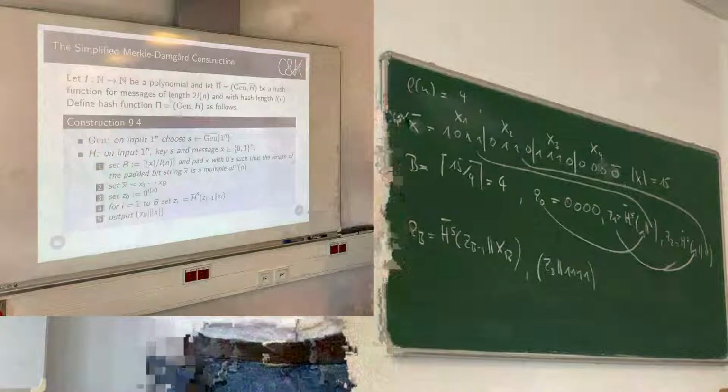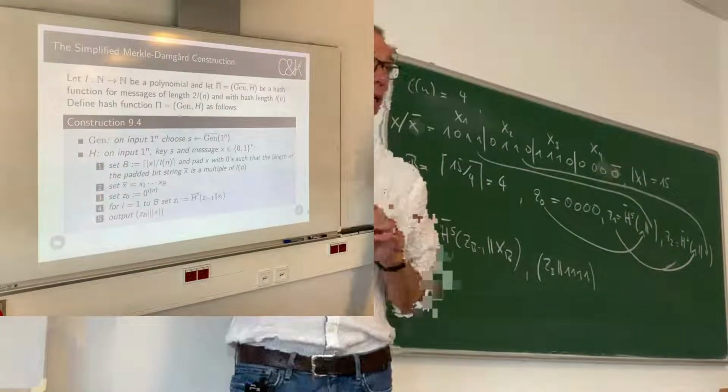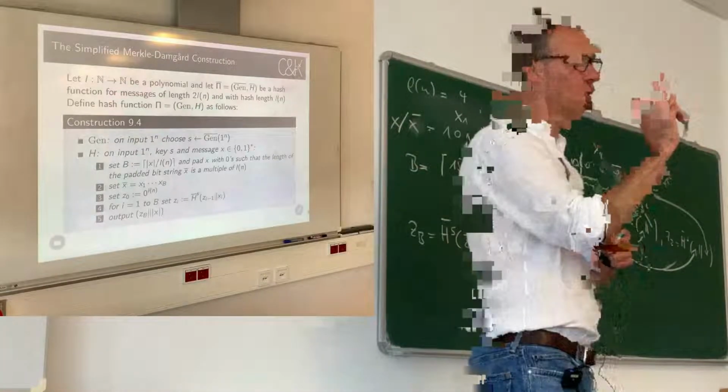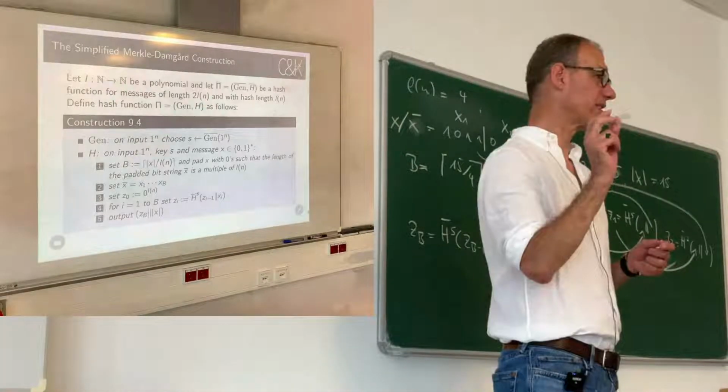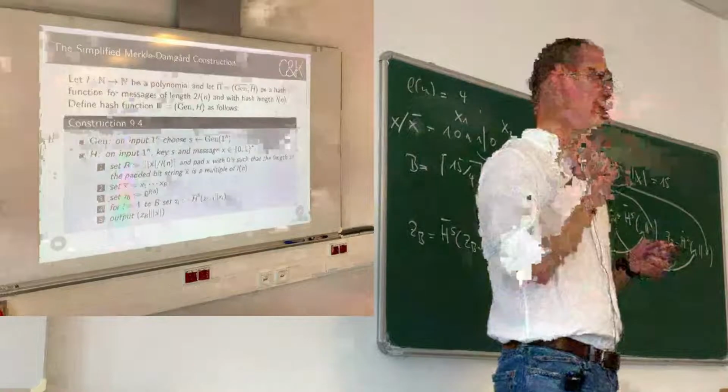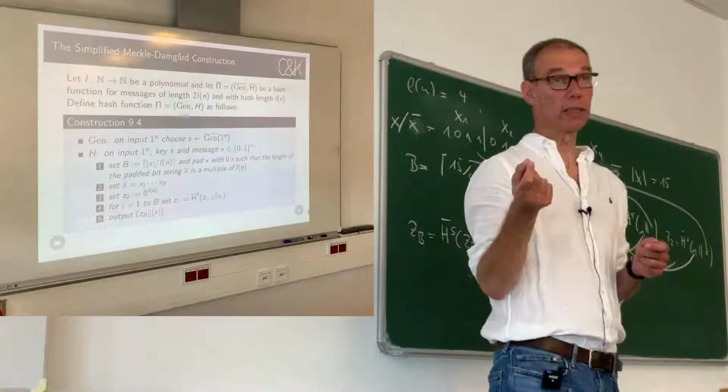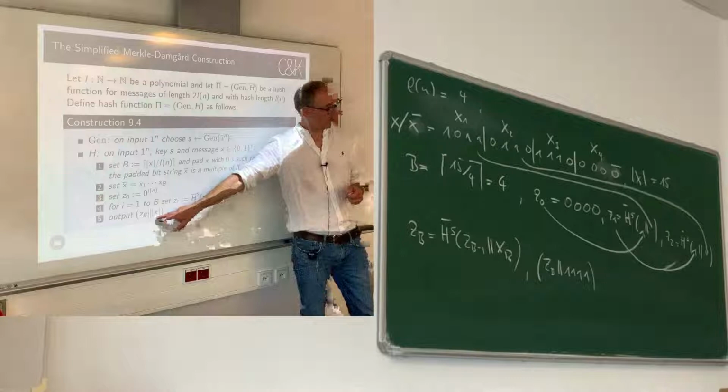I will actually give you a slightly different construction later on, because one disadvantage of this is that in practice we want hash functions that have an output of fixed length, say 256 bits or 512 bits. This is not good, because the description of the length of x obviously depends on the length of x.